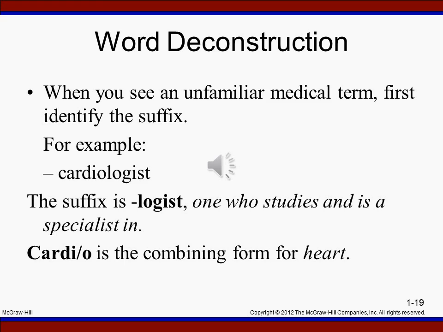Begin with the suffix and then apply it to the root word. In this example, the root word also has a combining vowel, O, because the suffix begins with a consonant, the letter L. Cardio is the combining form for heart, and so the word cardiologist means one who studies and is a specialist in the study of the heart.